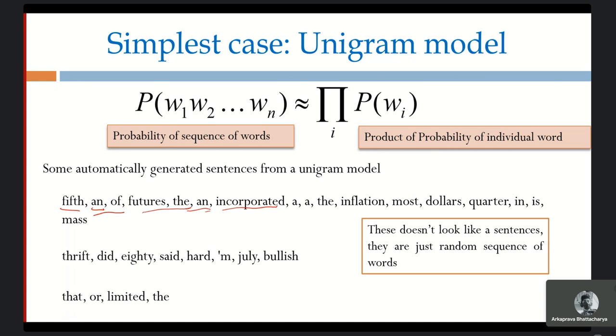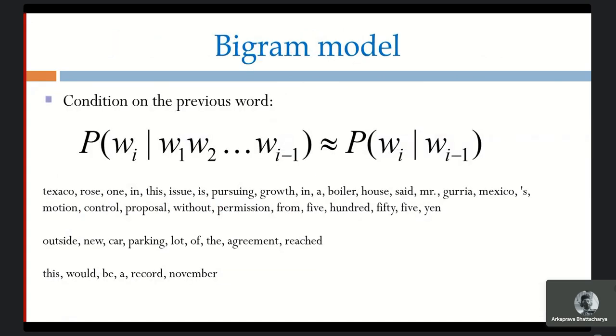But when you look into the bigram model, because they are dependent on the previous word, you may find some dependencies between words. For example, new car parking: there is a relation here, with respect to lot there could be parking, car parking, new car parking, and so on.